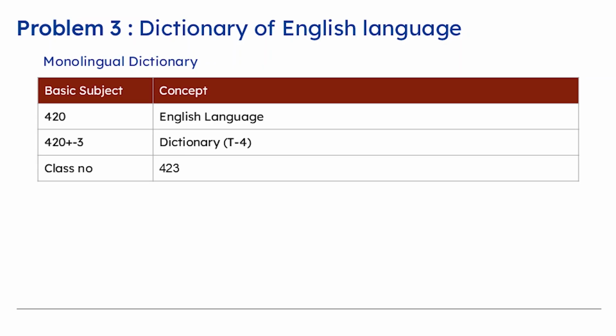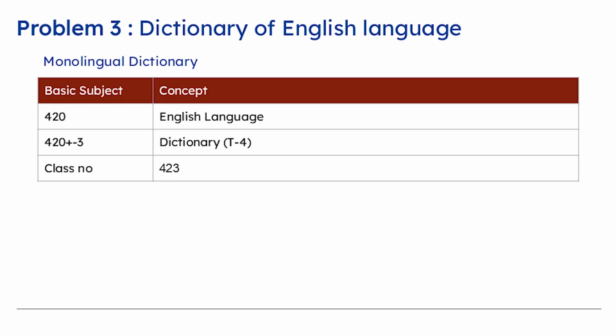So, in the case of English, the dictionary is 423. Similarly, for German it would be 433, for French dictionary 443, for Italian dictionary 453, Spanish dictionary 463, Latin dictionary 473, Greek dictionary 483, and for other languages similarly we will add 3.